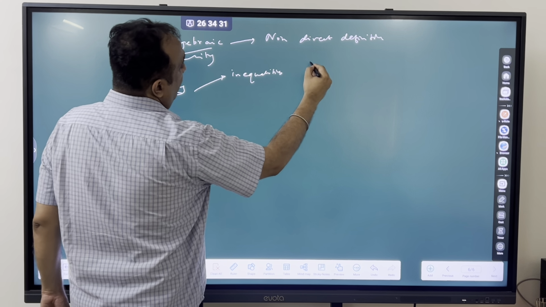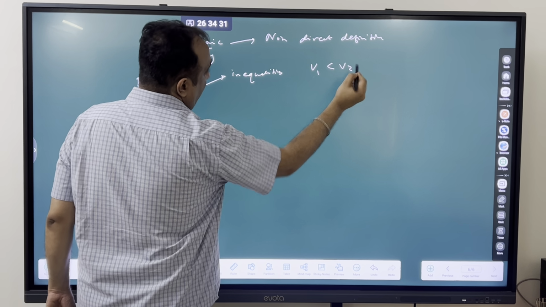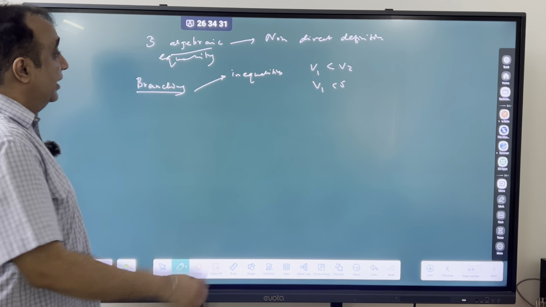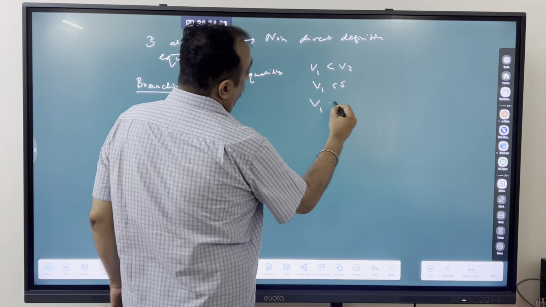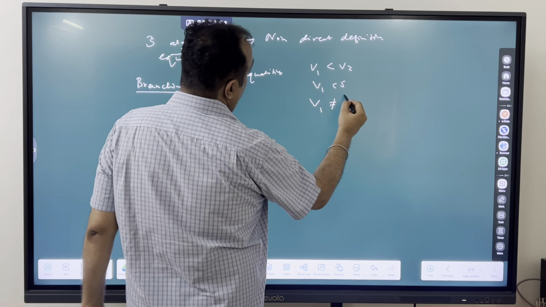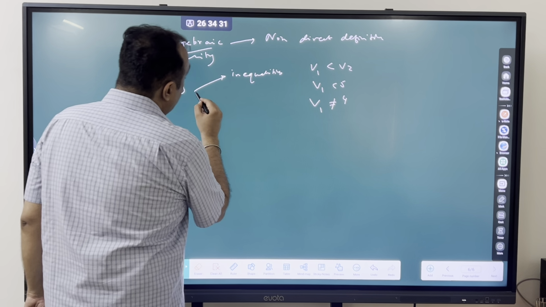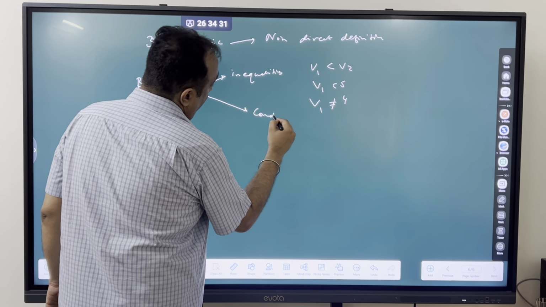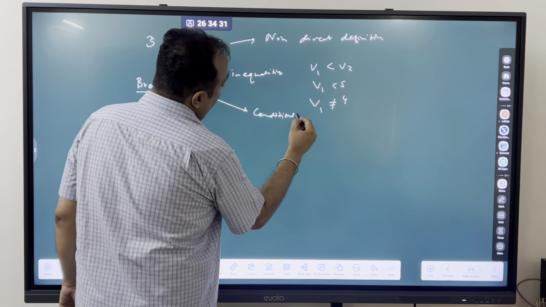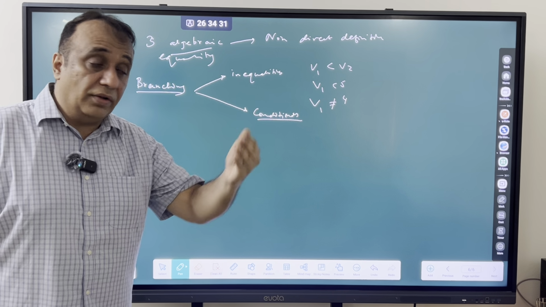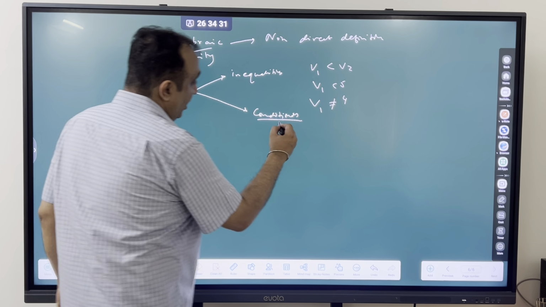When I say V1 is less than V2, that's one inequality; V1 is less than 5, an inequality; V1 not equal to 4, that's another inequality. Or they could be conditionals. Conditional clues arise because of a lot of things. Let's look at a scenario.